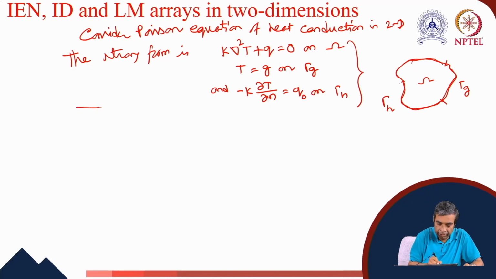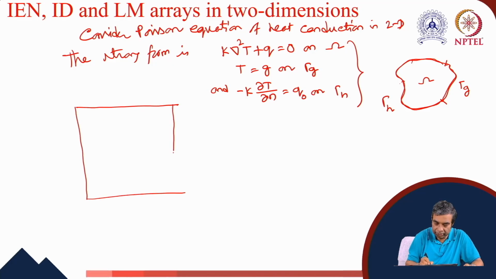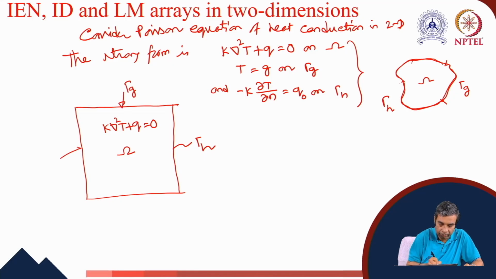So let us consider for simplicity a square domain in two dimensions. So this is omega. Here K del square T plus Q equals to 0. We have the boundary conditions. So the right boundary, we treat it as the Neumann boundary. The top boundary, the left boundary, and the bottom boundary, we treat it as the essential and Dirichlet boundary.